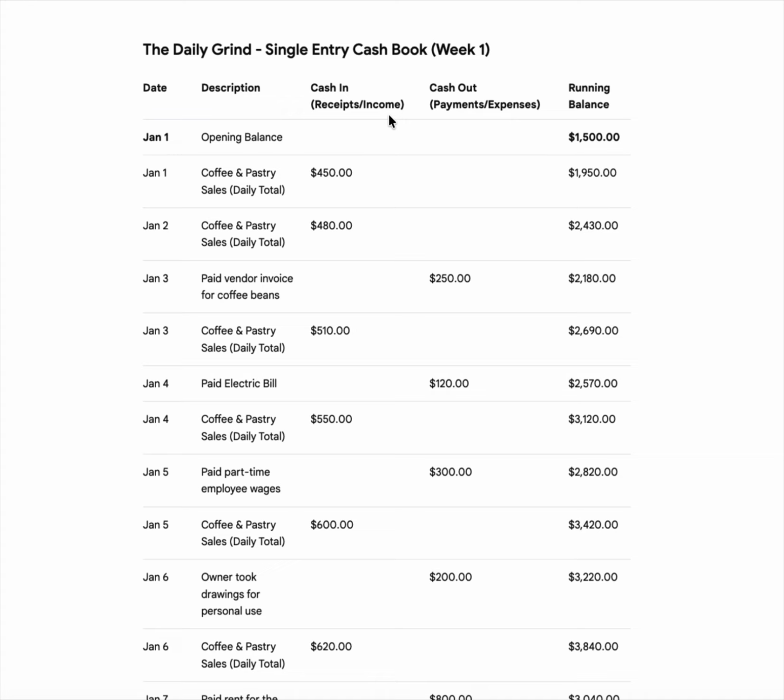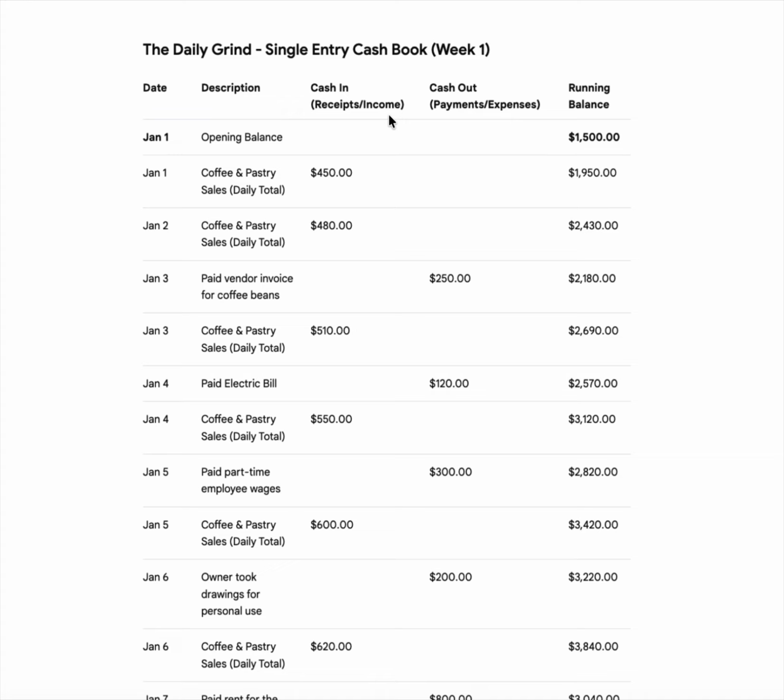You need to add the description, and every business entry will be a cash in or cash out. That means you will either make a payment or receive income.